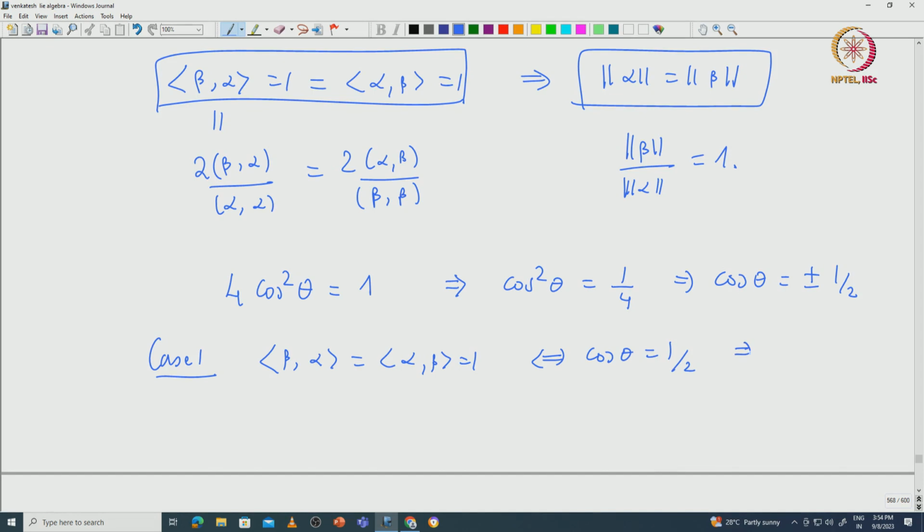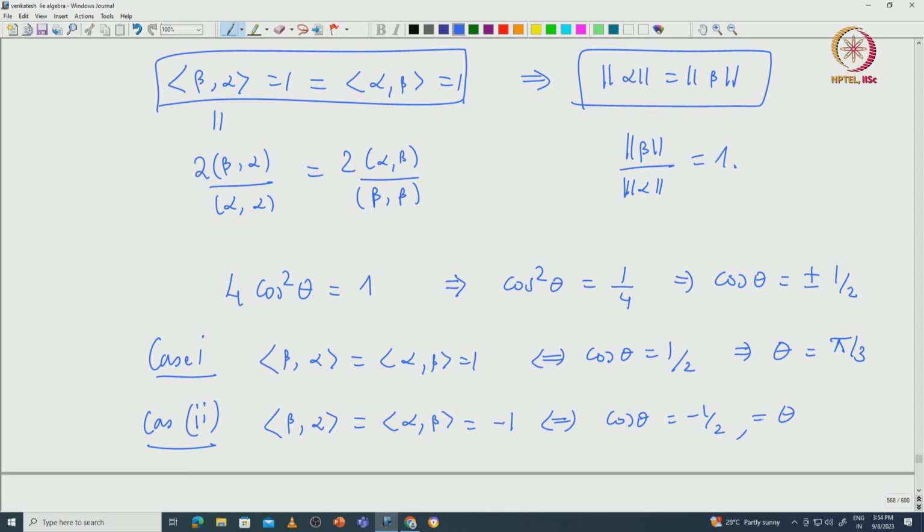In that case we get theta to be pi by 3. You can read it from the cosine table that when cosine theta is 1 by 2, then theta is pi by 3. In case 2, what will happen? When beta alpha and alpha beta take the value minus 1, then cosine theta will be minus 1 by 2, and in this case theta will be 2 pi by 3.